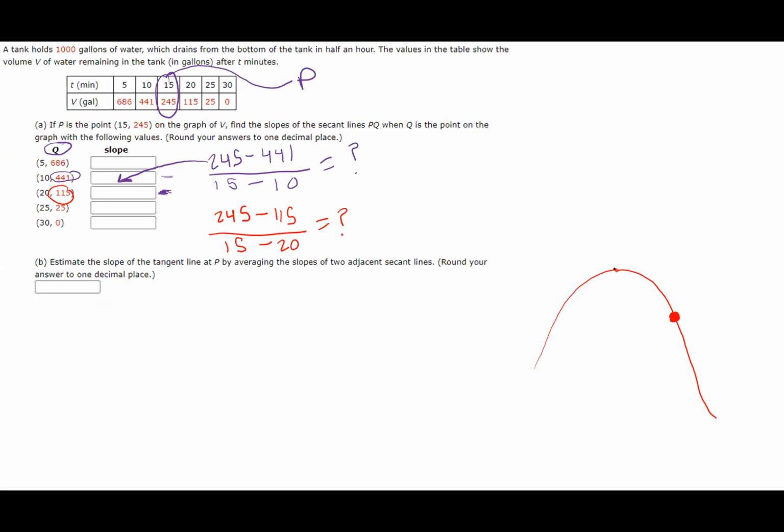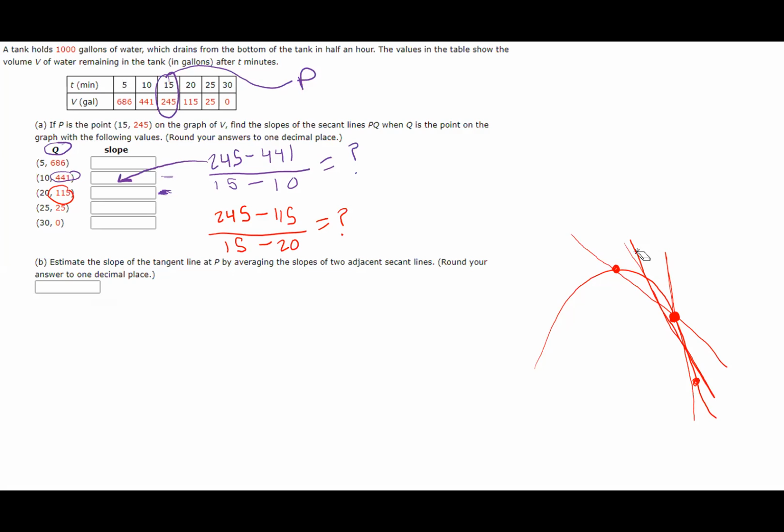Well, if I pick 2 points on each side of it, 2 adjacent points, and make secant lines like that, the average of those two slopes will be a kind of compromise in the angle. So it would be something like this, which would be pretty close to our tangent line slope. So that's the idea. We're picking 2 adjacent points, averaging the slope, and that should give us a pretty good estimate of the tangent line.